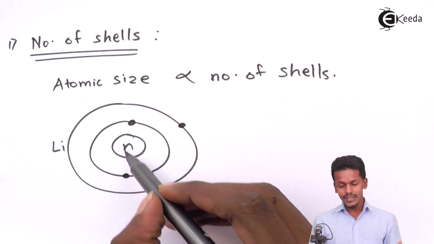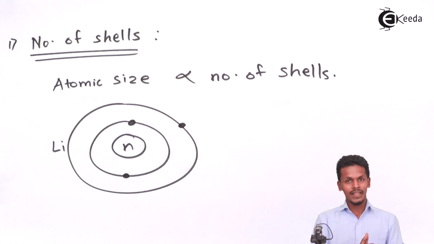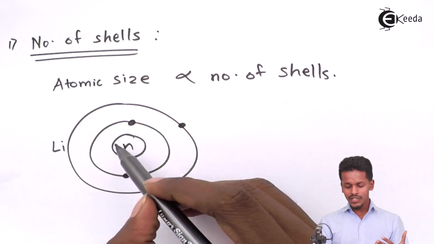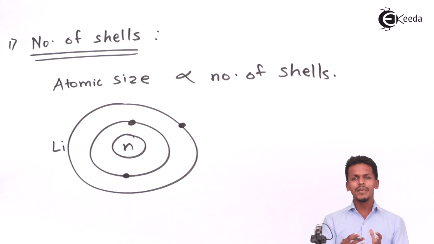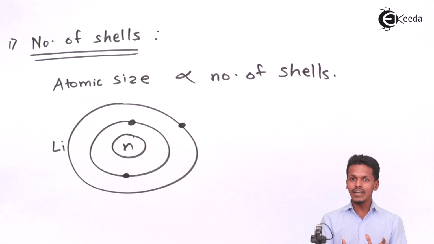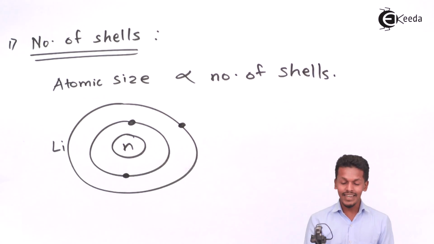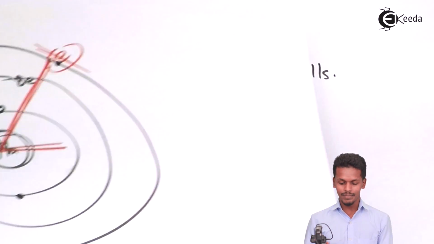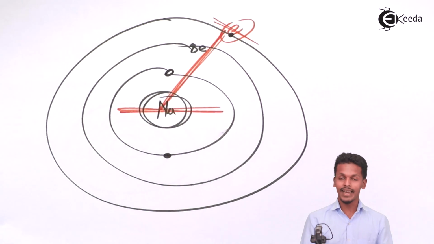Because the distance is very small, or the atomic radius is very small, there will be a force of attraction between the positive charge and the electron, and that will result in a higher nuclear charge in lithium compared to the sodium that we earlier took as an example.